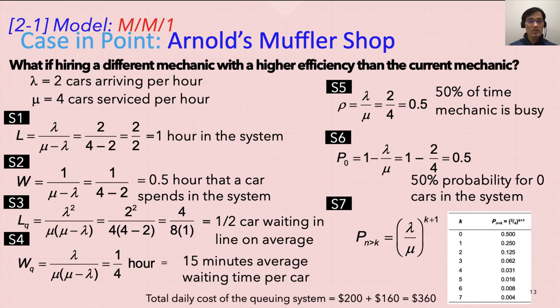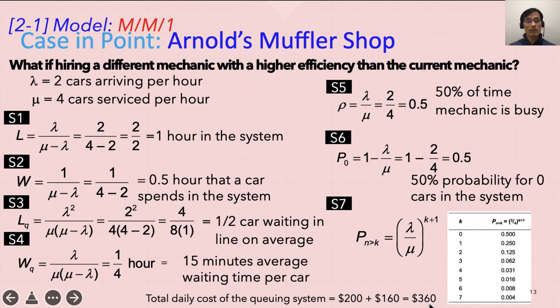Now let's calculate the total cost. The total cost, if you do the same calculation as before, then you find that the waiting cost is $200, and you paid $120 to the previous or the current mechanic, but if you hire this person $160, however, you significantly saved the waiting cost, and in total $360.